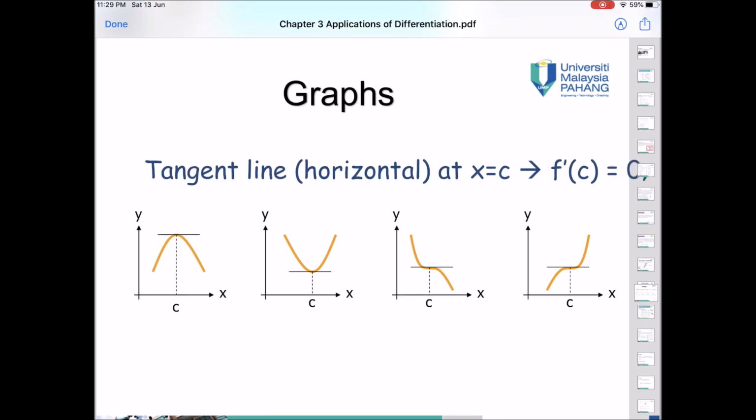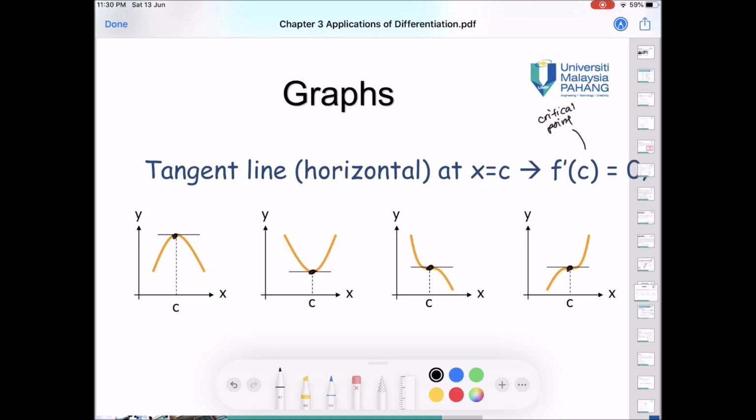So let's see this graph. We have a tangent line. The tangent line becomes horizontal at x equals c if f prime c equals 0. This is when the critical points occur. So here is the critical point c, here also the critical point c, here also, as well as here.